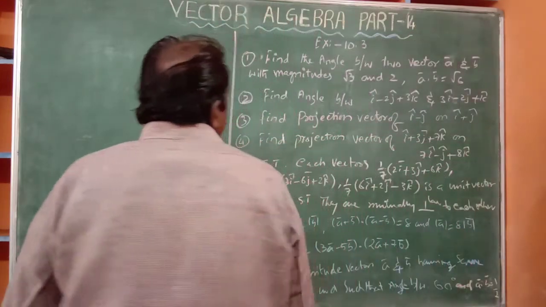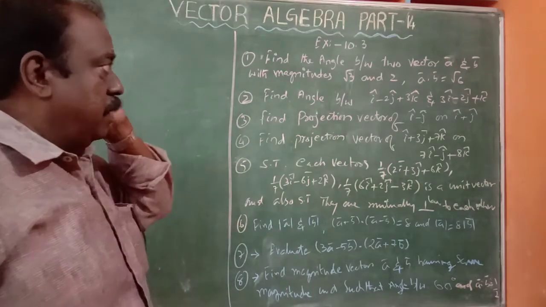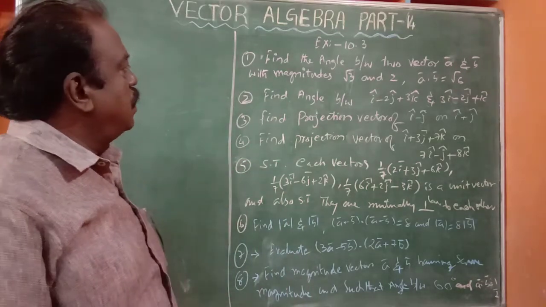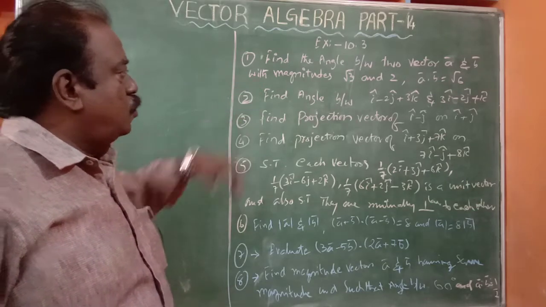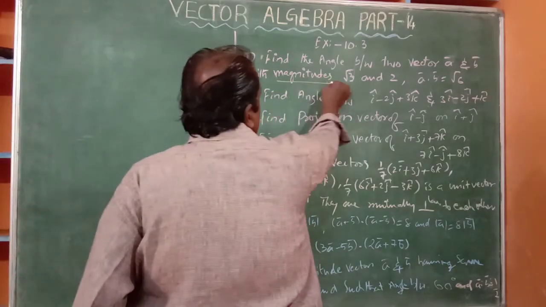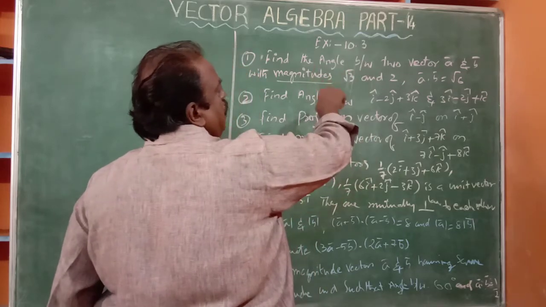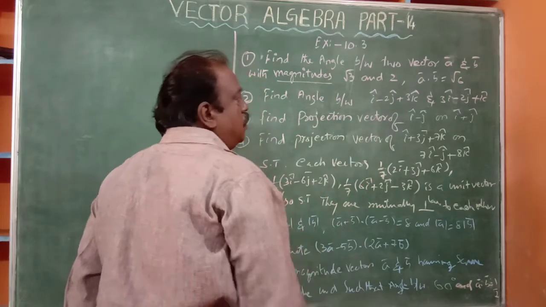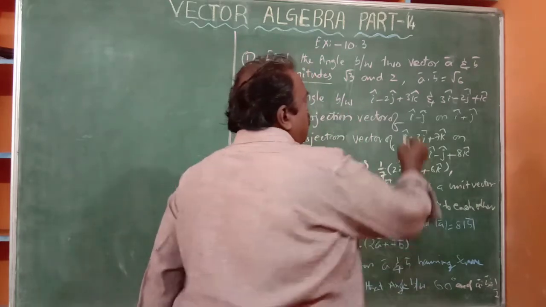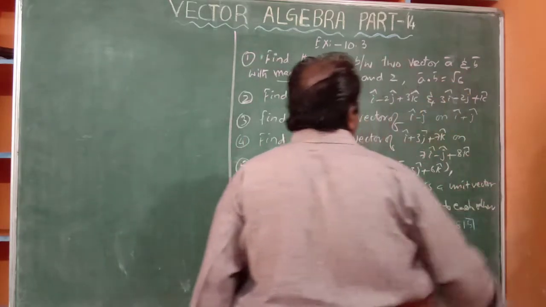Here, find the angle between the vectors A bar and B bar, with the magnitudes given. That means modulus of A bar is root 3, modulus of B bar is 2, and A bar dot B bar is equal to root 6.